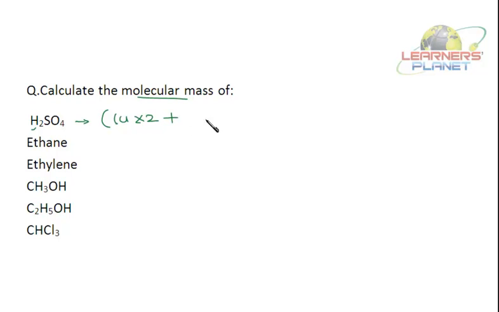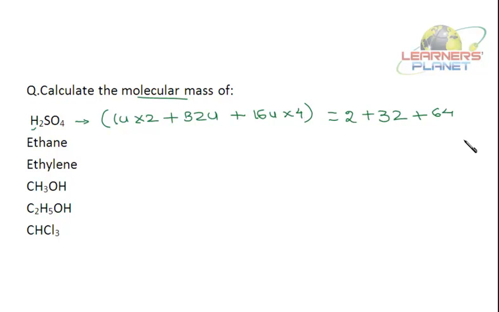Plus sulfur. What is the atomic mass of sulfur? It's 32 units. Plus atomic mass of oxygen 16 units multiplied by 4. Just sum it up. It will be 2 plus 32 plus 64. Here it's not 48, it's 64, since 16 into 4 is 64.